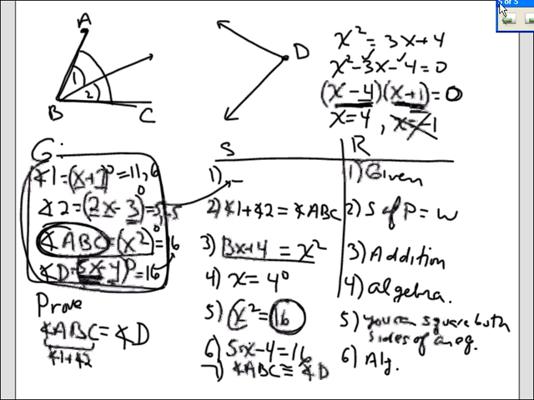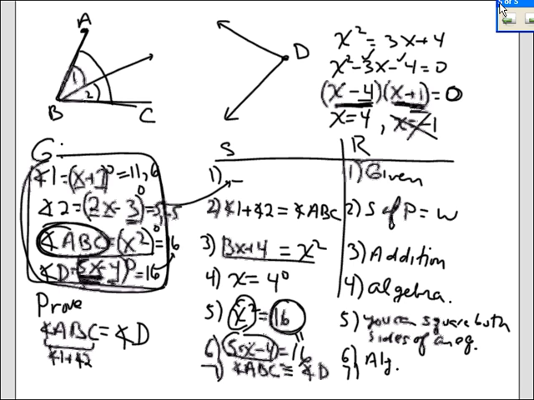That would be the reason. We already know that that's angle ABC, and we already know that's angle D, and they both equal 16, so they equal one another. They are congruent.